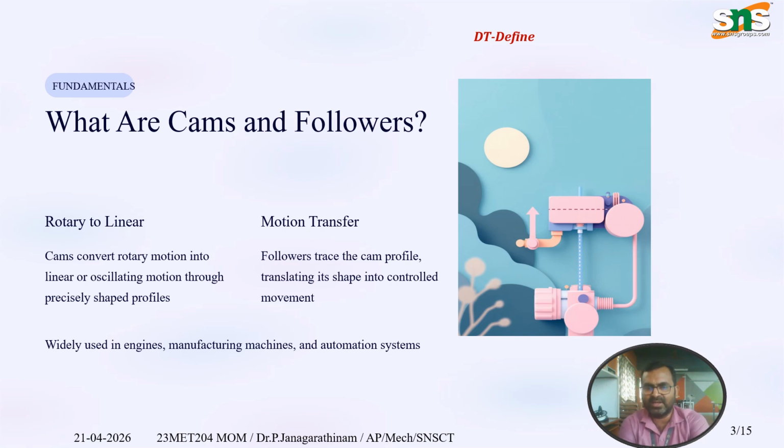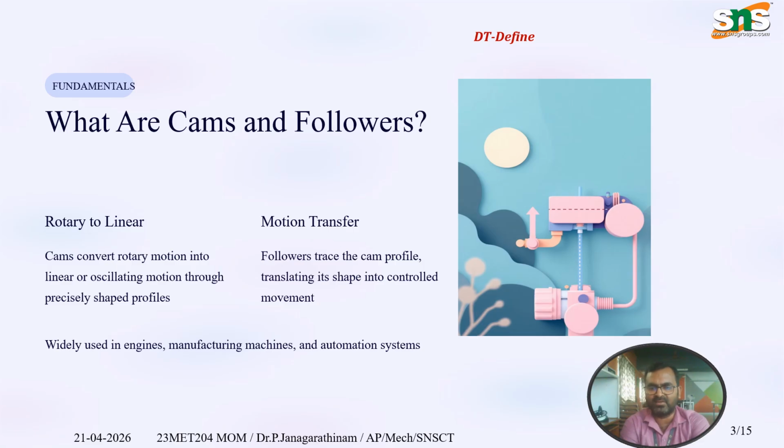Cams convert rotary motion into linear or oscillating motion through precisely shaped profiles, which means we can rotate the cam from 0 to 360 degrees, and automatically the follower moves in the upward and downward direction.